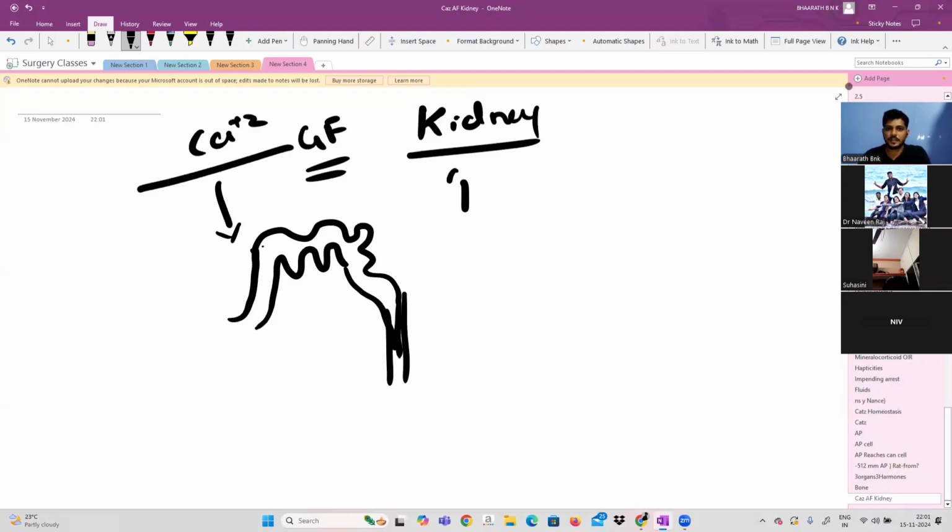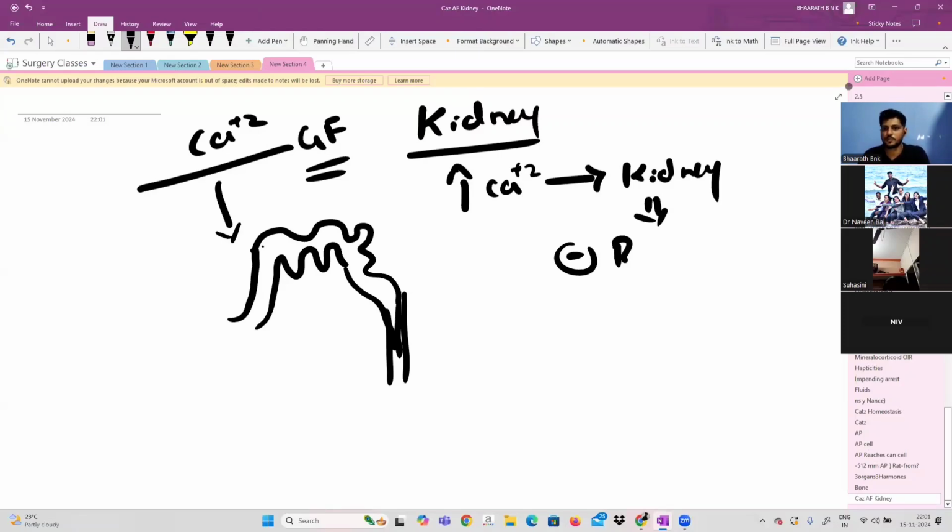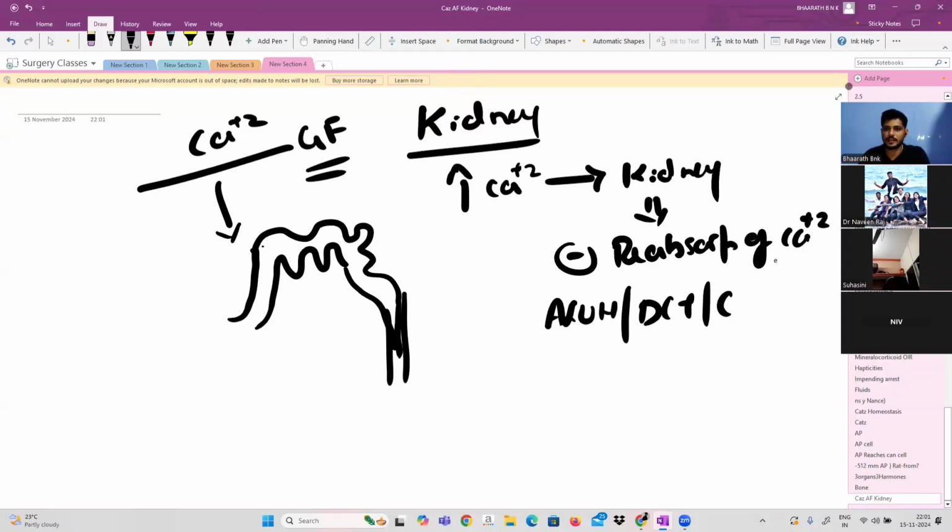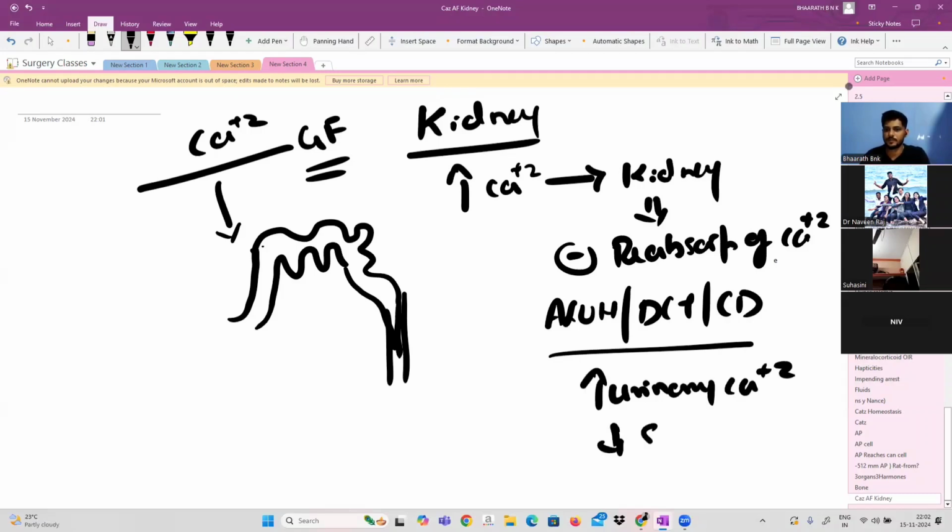So whenever there is increased calcium in the body, this increased calcium makes the kidney inhibit reabsorption of the calcium from these structures, which are the ascending loop of Henle, distal convoluted tubule, and the collecting ducts. The calcium reabsorption is inhibited, so that calcium is lost in urine, which increases the urinary calcium and reduces the serum calcium.